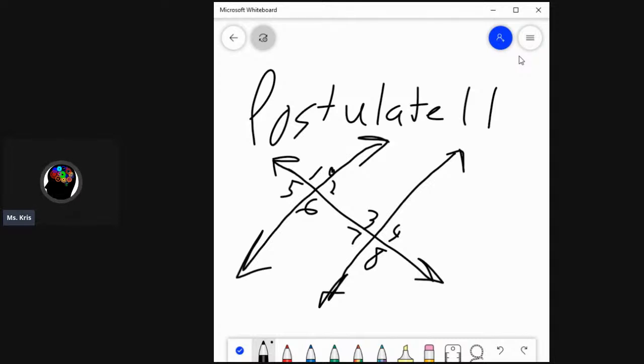So the theorem of 4.14 states that if two parallel lines are cut by a transversal, then the pairs of interior angles on the same side of the transversal are supplementary. So that means 2 and 3 are supplementary of each other, and 6 and 7 are supplementary of each other.